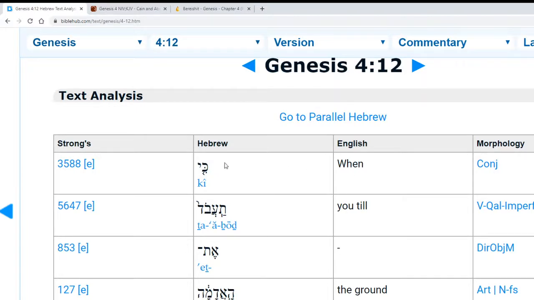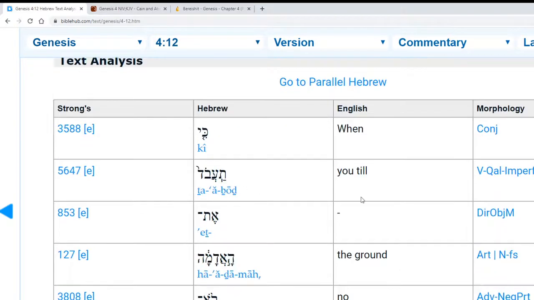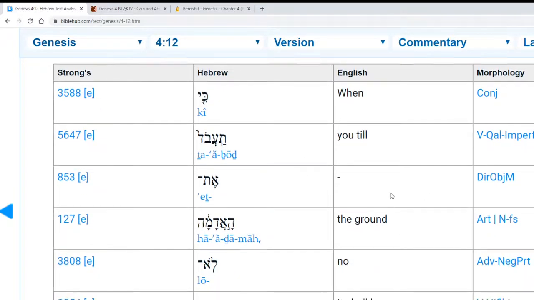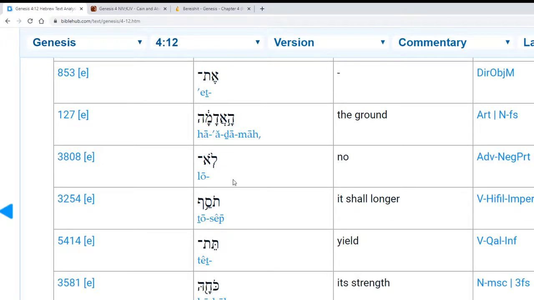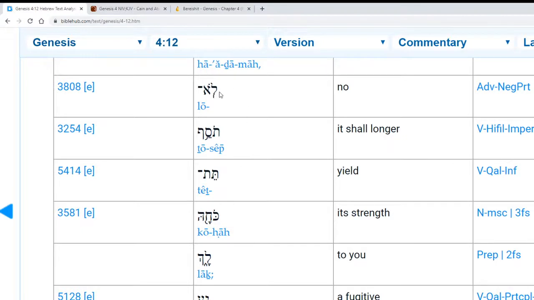I would say because. Ta'avod, you shall. The taf at the beginning is putting this in the imperative. We had ayin bet dalet as the root to till or to work. Et is the direct object marker. Ha-adama, the article, clay.